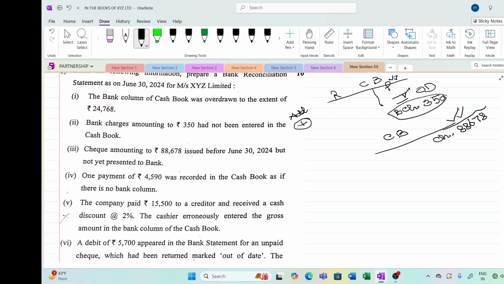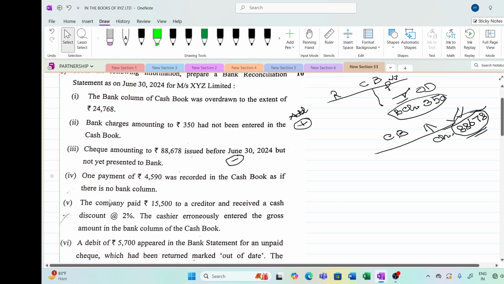So I have increased my overdraft, but this has not been presented to the bank. In the bank, this has not been increased, so this has to be reduced. In bank, it is not overdraft till it is presented for payment.